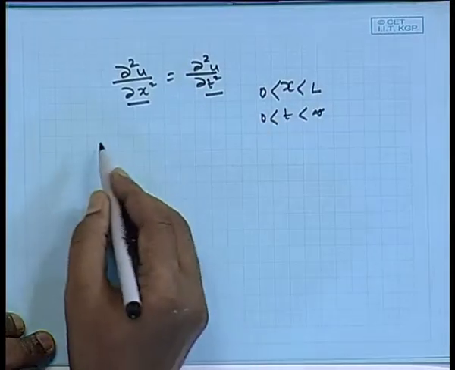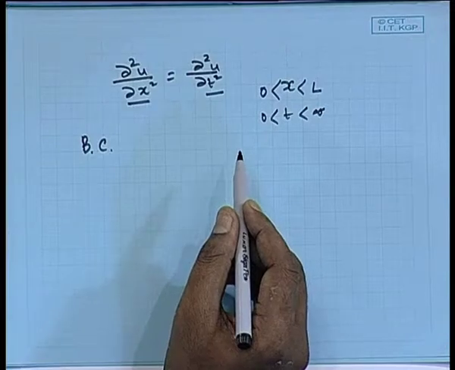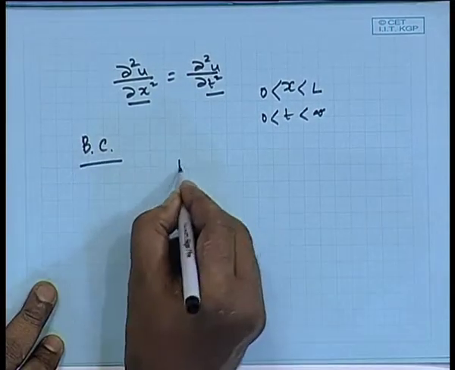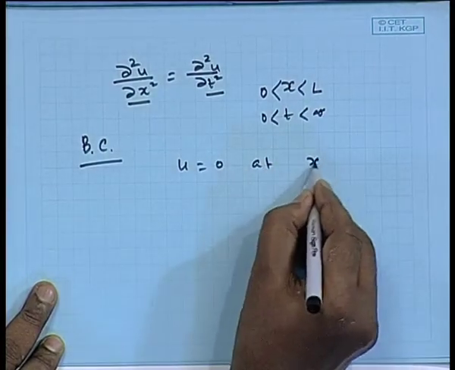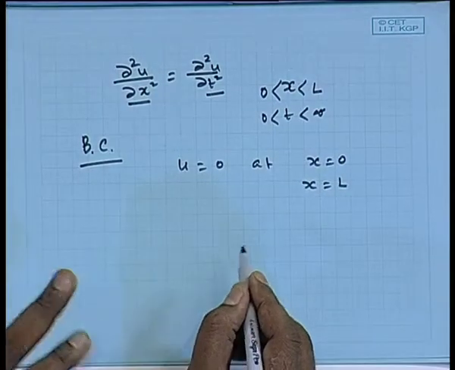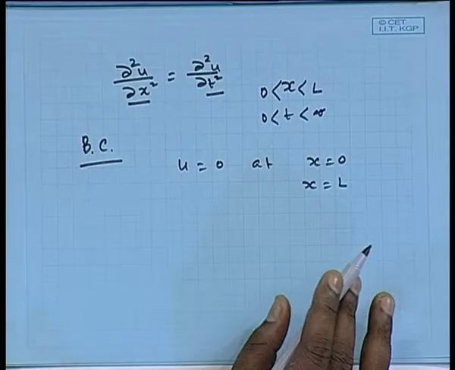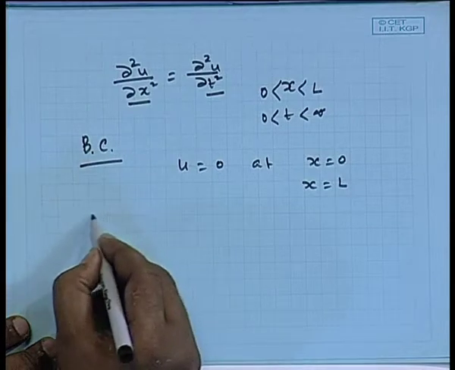Now, the typical boundary conditions: you must be having 2 conditions on time, 2 conditions on space. The boundary conditions are, let us say, u is equal to 0 at x equal to 0, and at x equal to L. Let us say homogeneous boundary conditions on u. In general, as we said earlier, it may be non-homogeneous, but you know how to make them homogeneous.